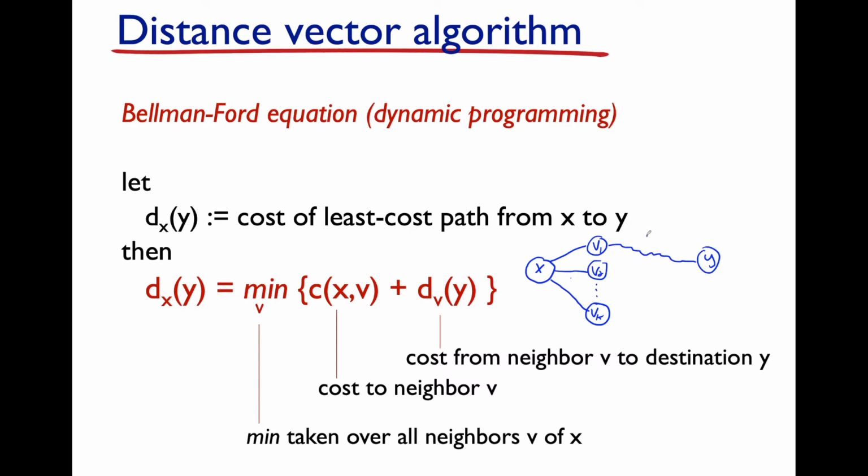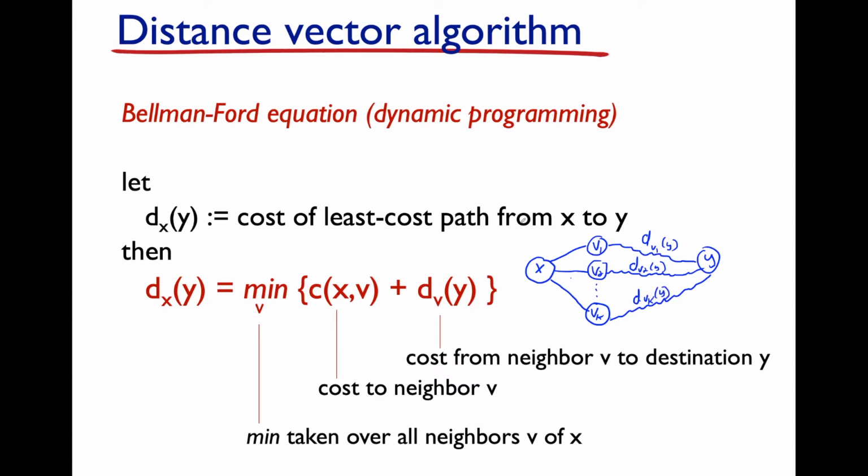We call that d sub v1 of y. Likewise, we have a least cost path from v2 to y, let's call that distance d sub v2 of y. And lastly, we have that least cost path from x's neighbor vk to get to y as our wiggly path. Let's call that d sub vk of y.